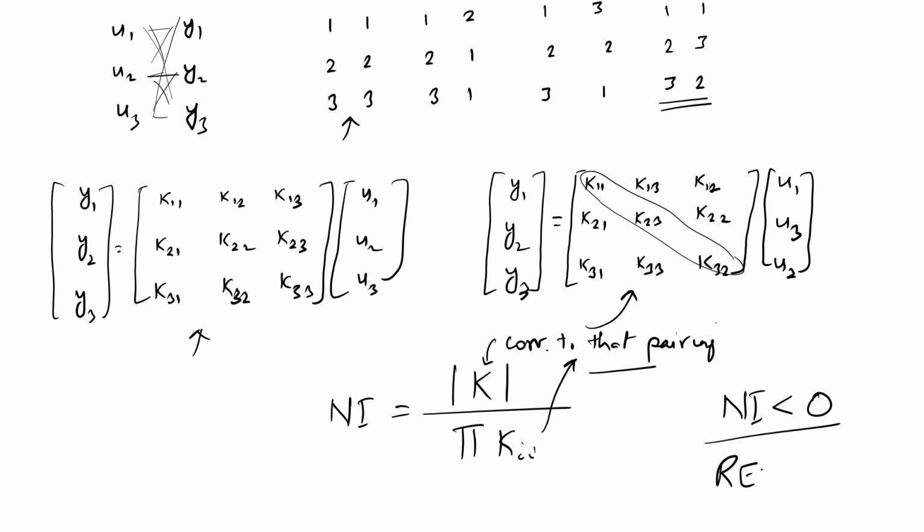Those pairings are out of the window, because they are never going to give you integral stability. That's number 1. So much about the Niederlinsky index.